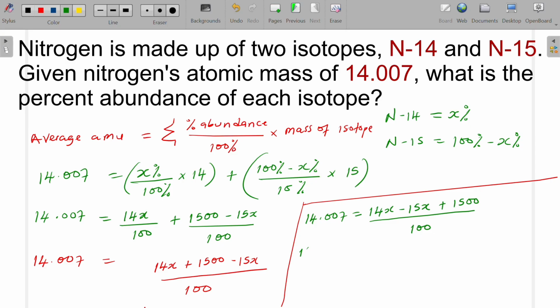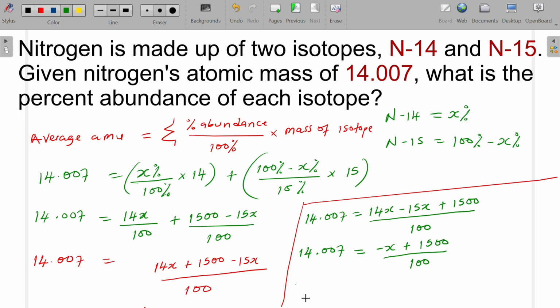Then we continue. We still have 14.007 on this side being equal to, now 14x minus 15x, this will just give us minus x. So we'll have minus x added to 1500. Remember, this whole thing here is divided by 100. So let's continue.